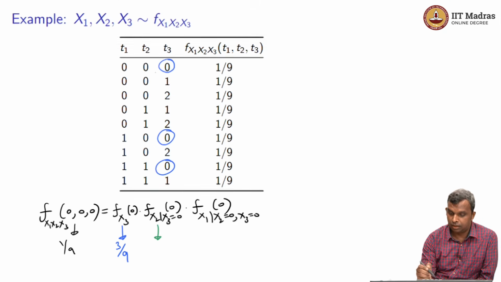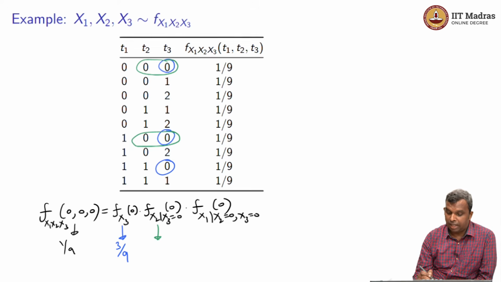This is this guy and this guy, isn't it? Given x3 is 0, that is 3 by 9, and x2 is 0 for 2 by 9 of those cases, so 2 by 9 over 3 by 9, you get 2 by 3.